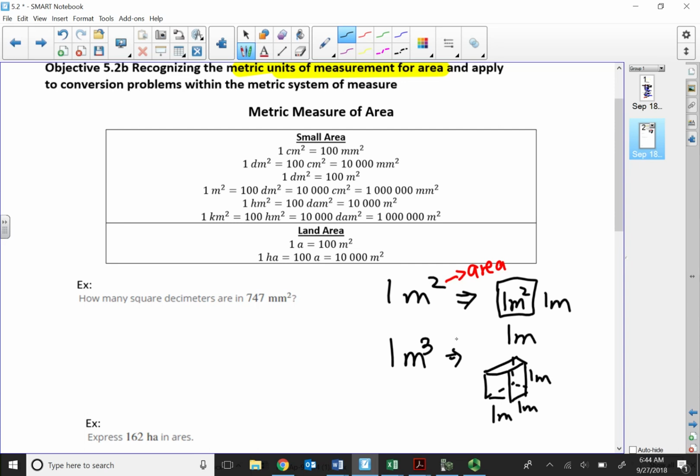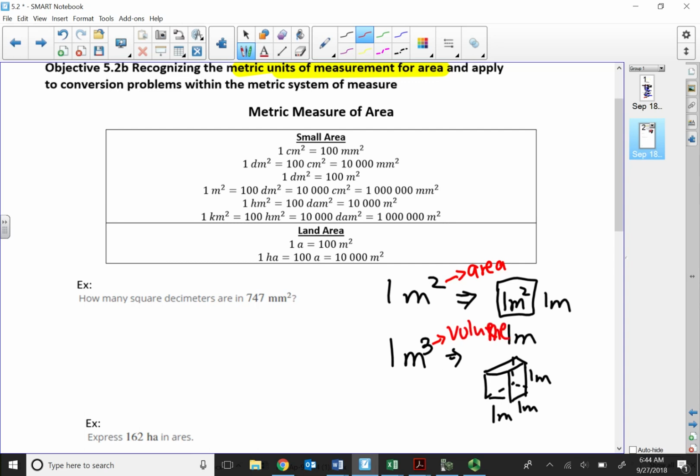So the volume is 1 times 1 times 1, which gives you cubic meter. So whenever you say the word cubic, or you see this exponent to the third power, when it comes to geometry, it means volume.